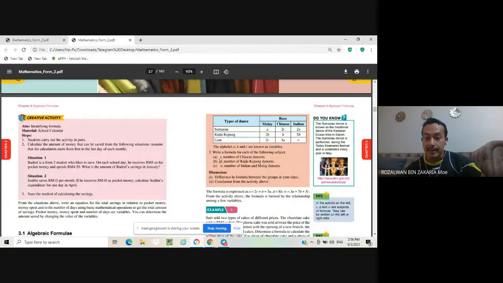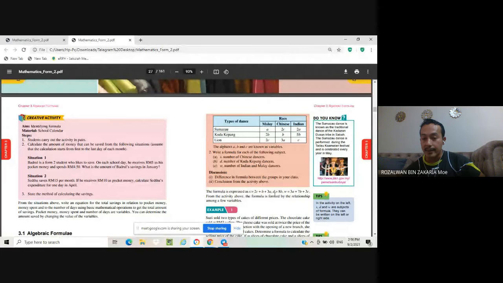So D equal to 2B plus B plus 5B. So 2B plus B equal to 3B, then 3B plus 5B equal to 8B. So the answer is D equal to 8B.